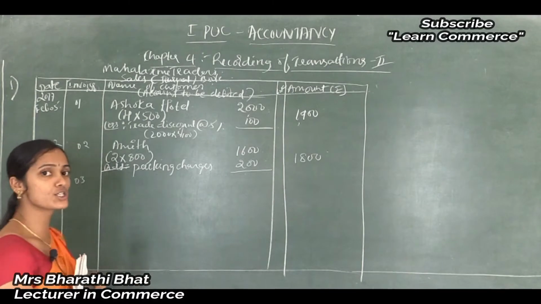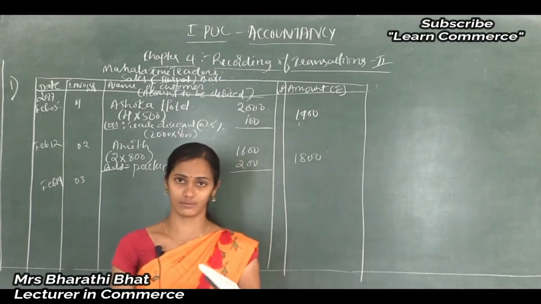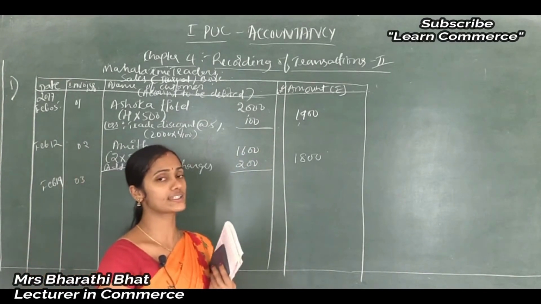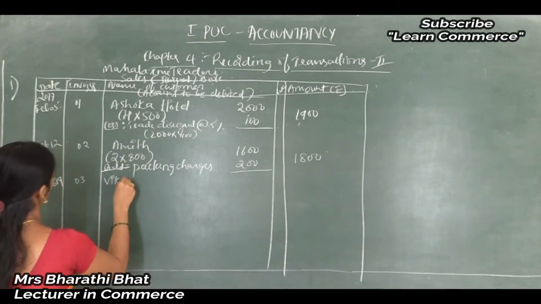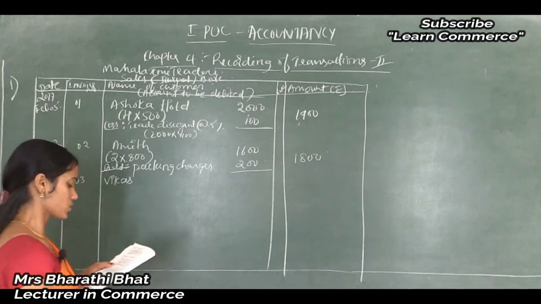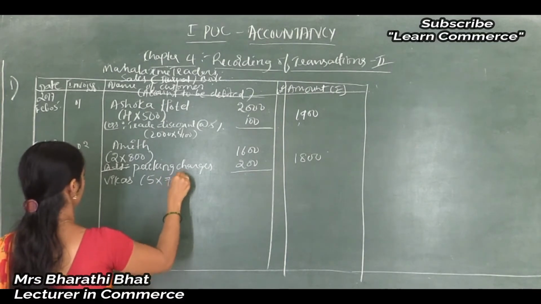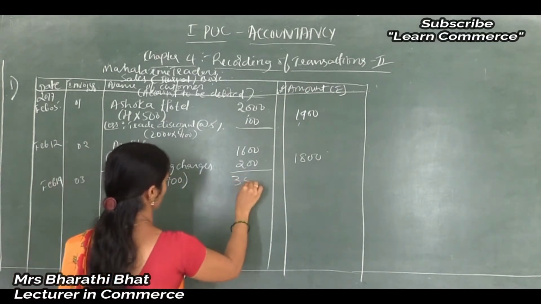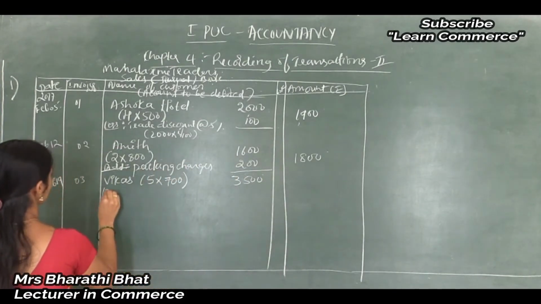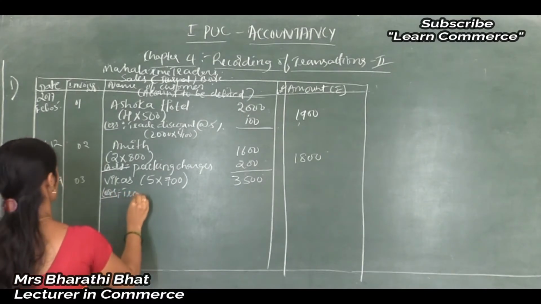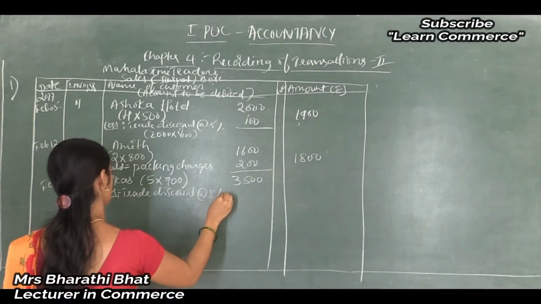Here also we can't record cash transactions in this book. Only credit transactions can be recorded in this book. So Vikas bought from us, so Vikas is considered as customer. So 5 kgs into 700. Okay, so in the next one, less trade discount at 8%.